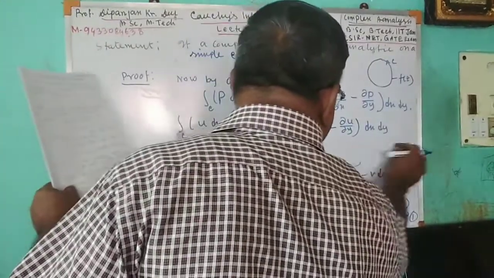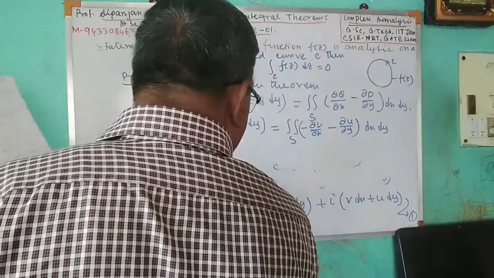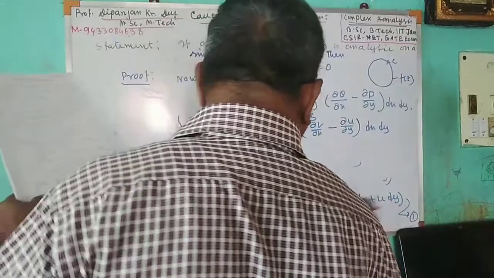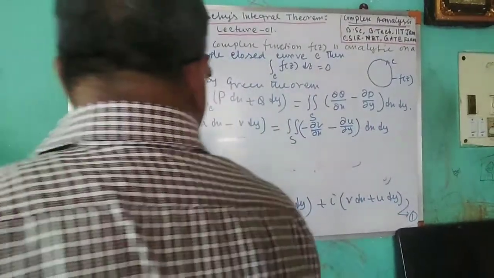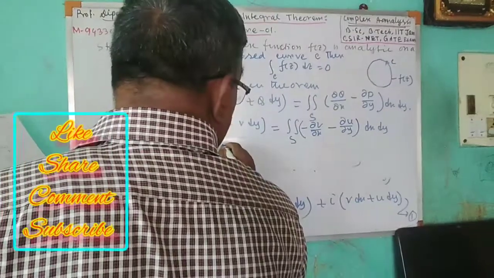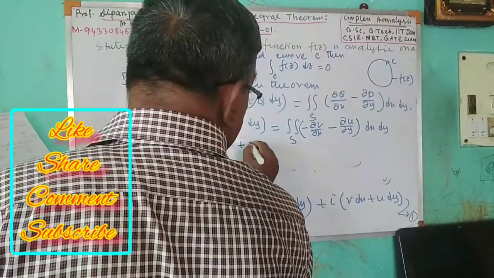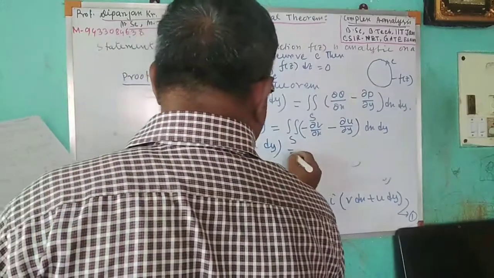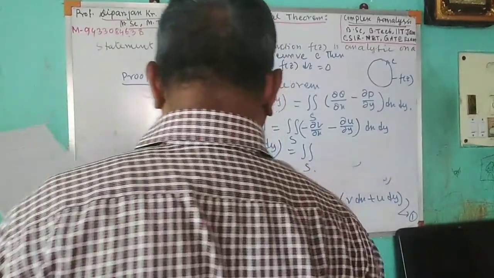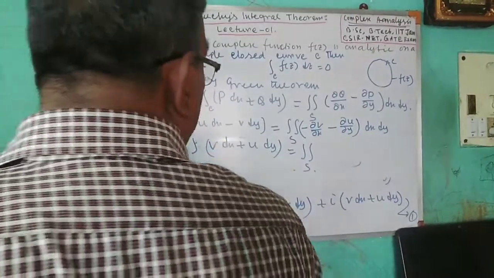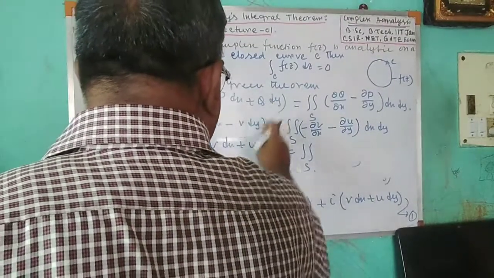I am doing this part now. After getting these two parts, this part I got and this part, that is the integration of v dx plus u dy, equals a double integration. Compare this with this: P equals v, Q equals u.